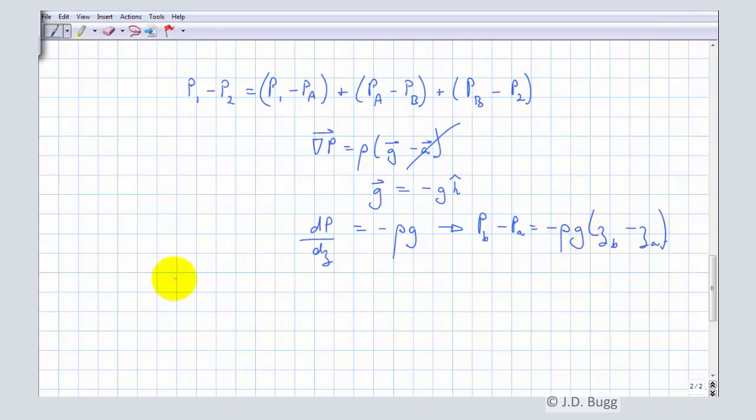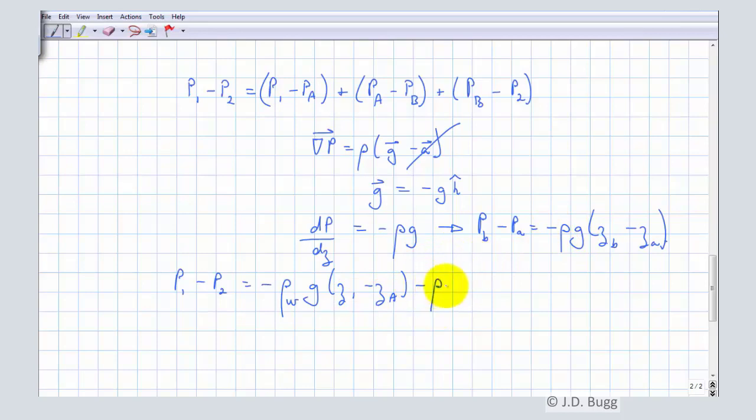So that's what we'll do. P1 minus P2 then is equal to minus rho, and this first portion is in water, so we'll say density of water times G times Z1 minus ZA. So notice it's P1 minus PA, so here it's Z1 minus ZA, same order.